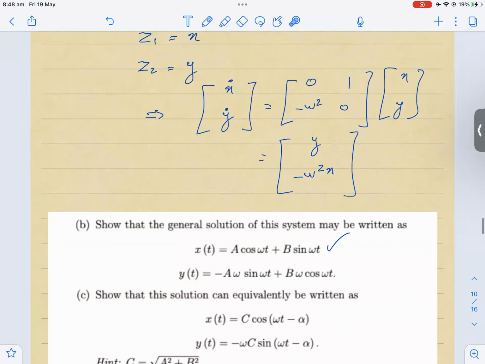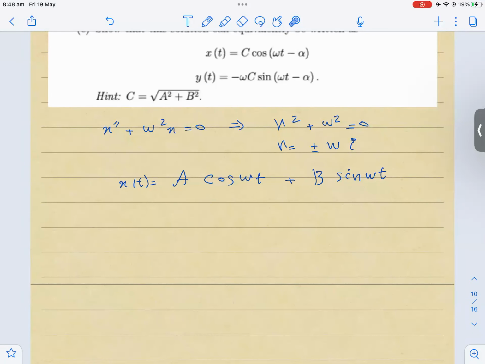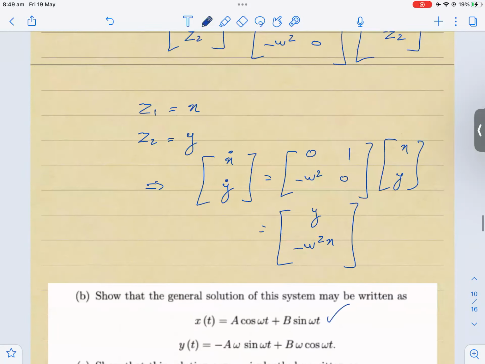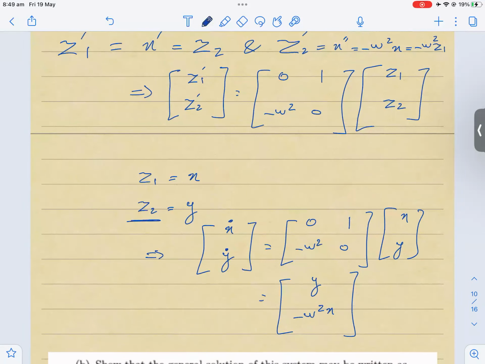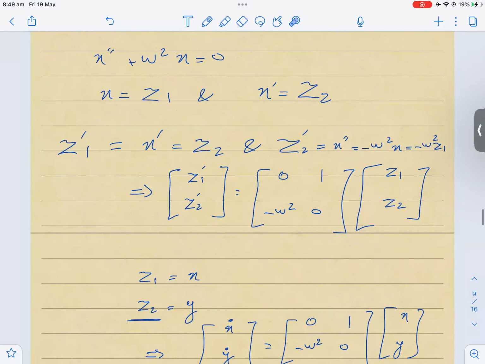But we know that y of t was z2, equal to x prime.